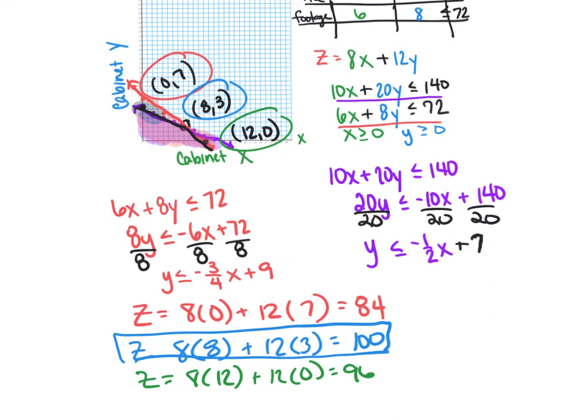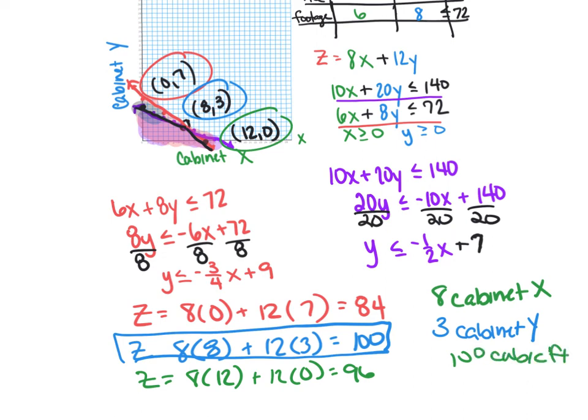We can maximize it by getting 100 cubic feet if we go with 8 cabinet X and 3 cabinet Y. Our maximum volume will be 100 cubic feet.